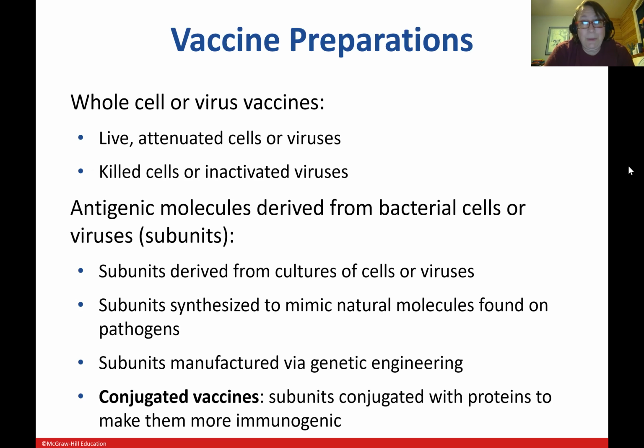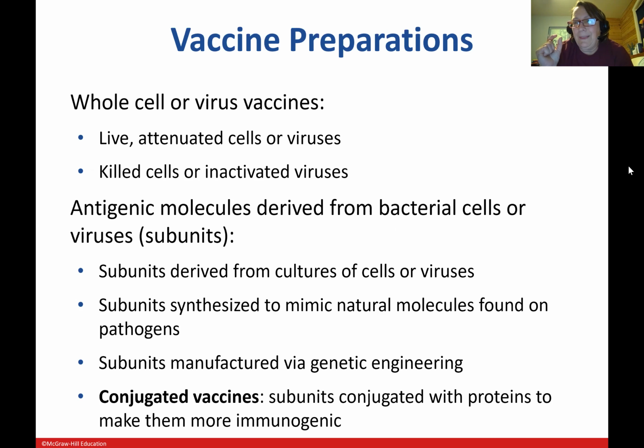If you get an immune response from something totally made in the lab, what you're looking for is the immune response. So you can get genetic engineering involved in that. The other thing that often has to happen is that vaccines need to be conjugated. What that means is that you take the antigen, which may be really, really small.